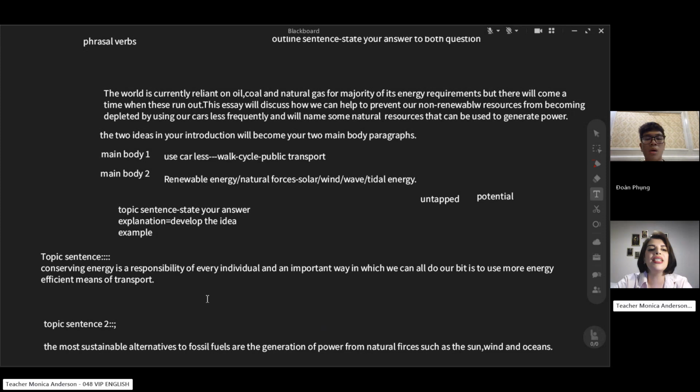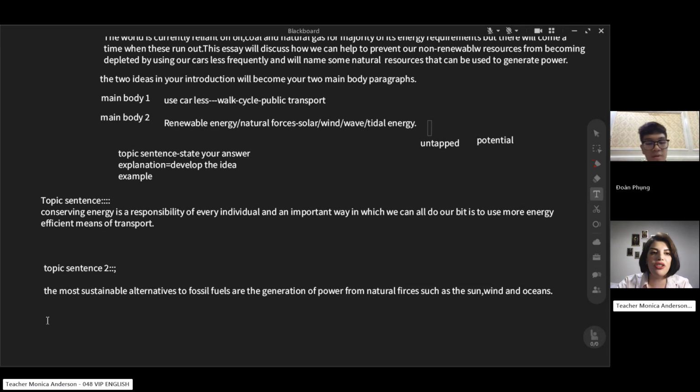Okay, let's do an example. If you need me to write, I can do it. Of course. Don't forget, this is about sentence two, the main body two. Let me write here, main body two.